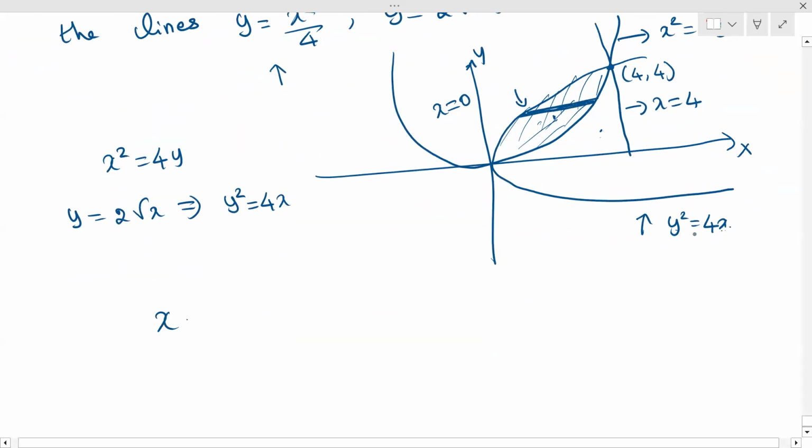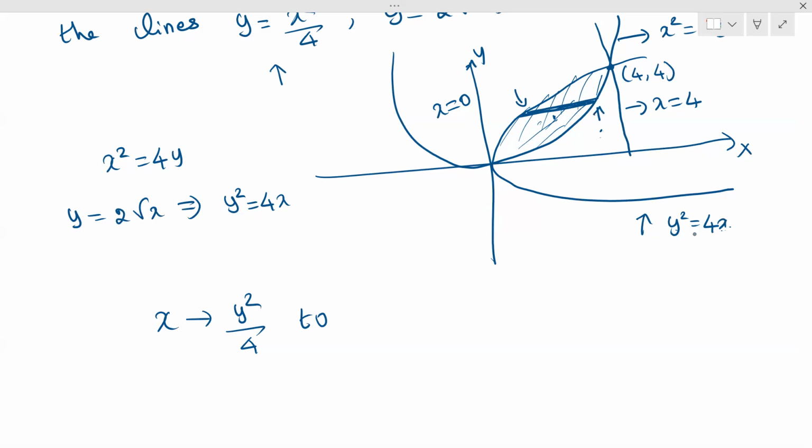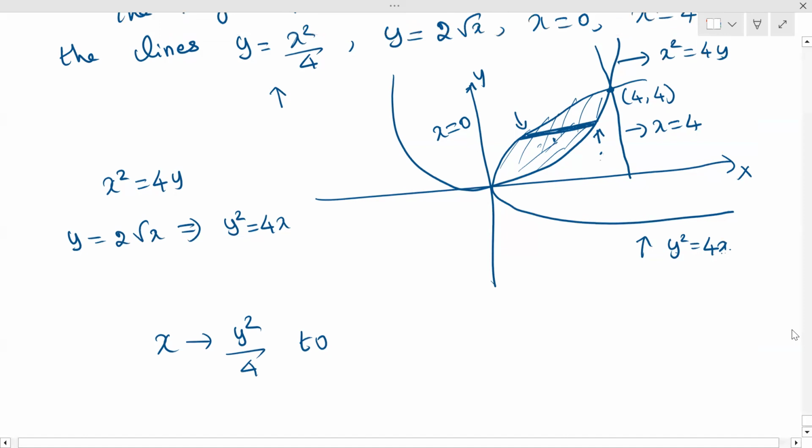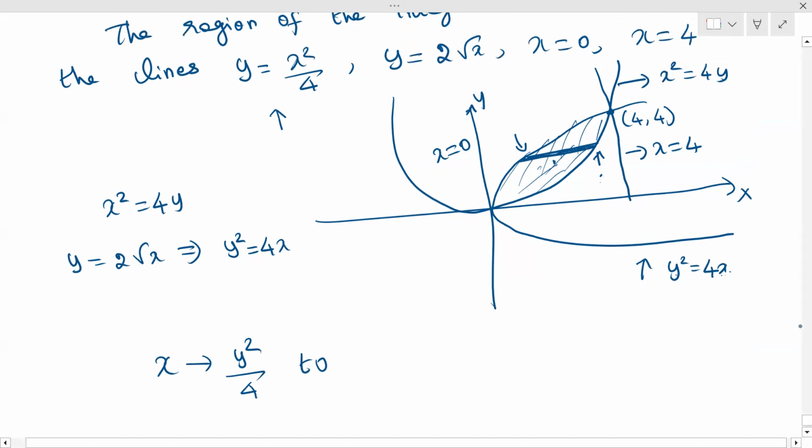So x varies from y square by 4 to where this line touches the parabola whose equation is x square equal to 4y. So x square equal to 4y means x equal to 2 root y.